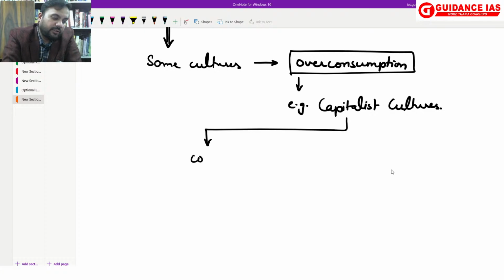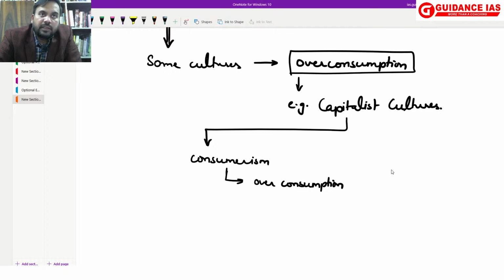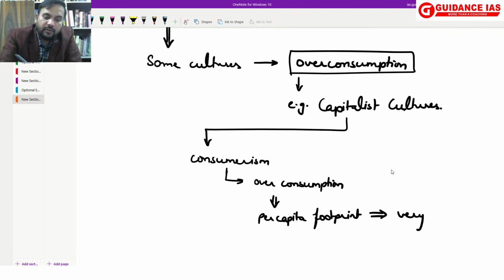They are based upon consumerism, and ultimately they cause the phenomenon of over consumption. Their per capita footprint is very high.